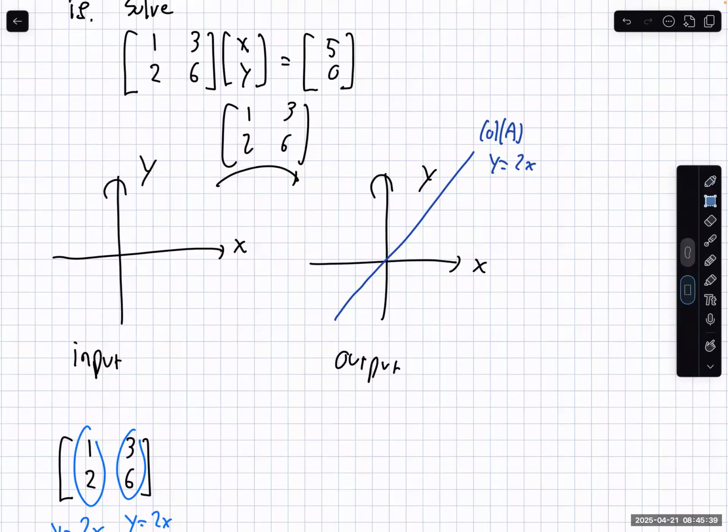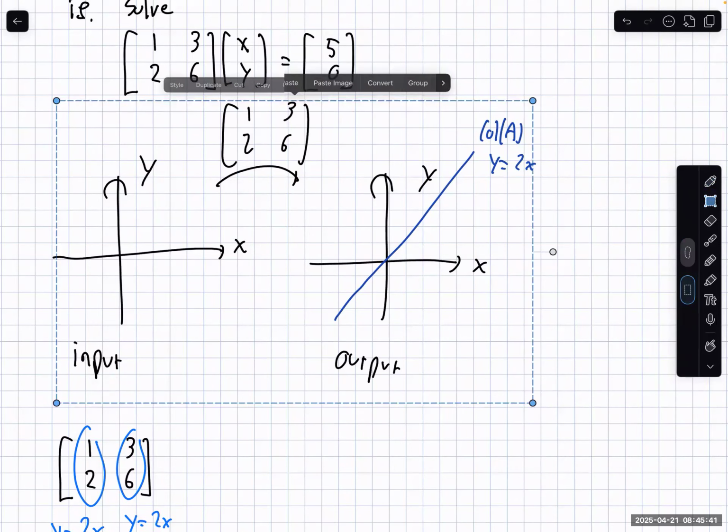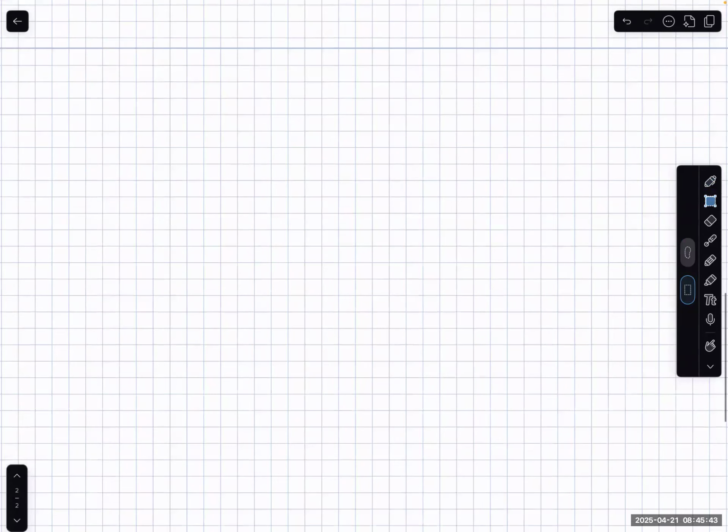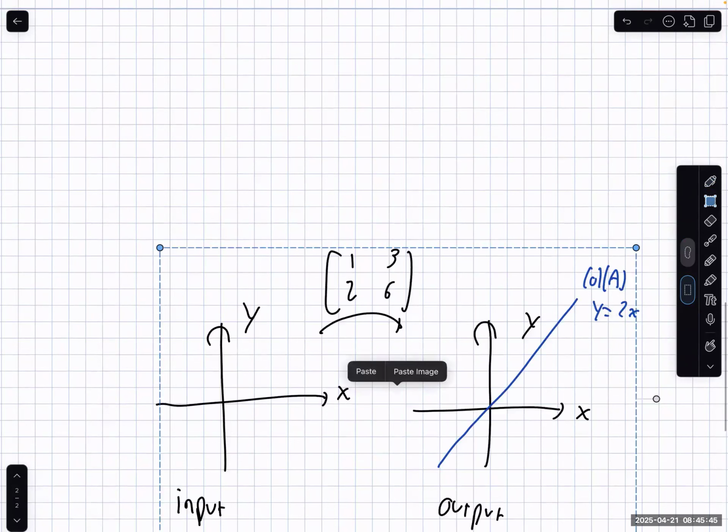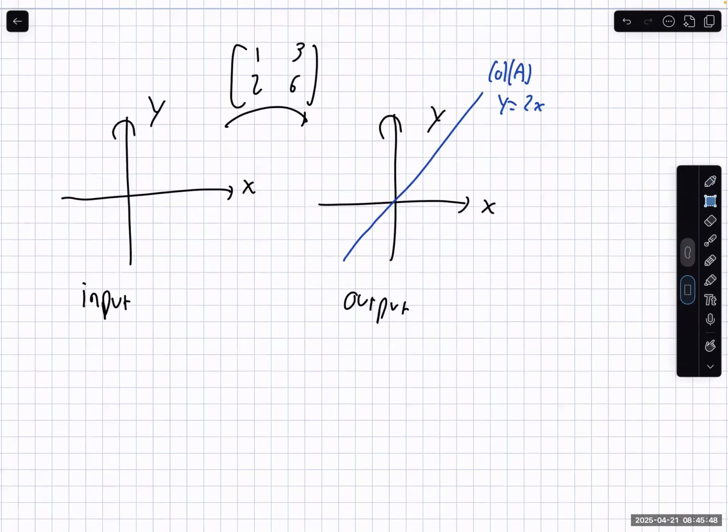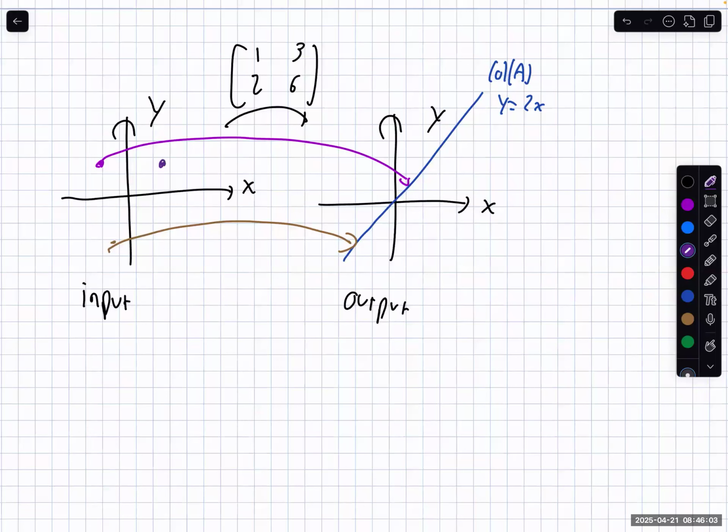So what that means, hopefully this just puts everything into perspective that we did last chapter. So any input that I have here is going to get mapped somewhere to that line. So all of the outputs are mapped to somewhere on this line.